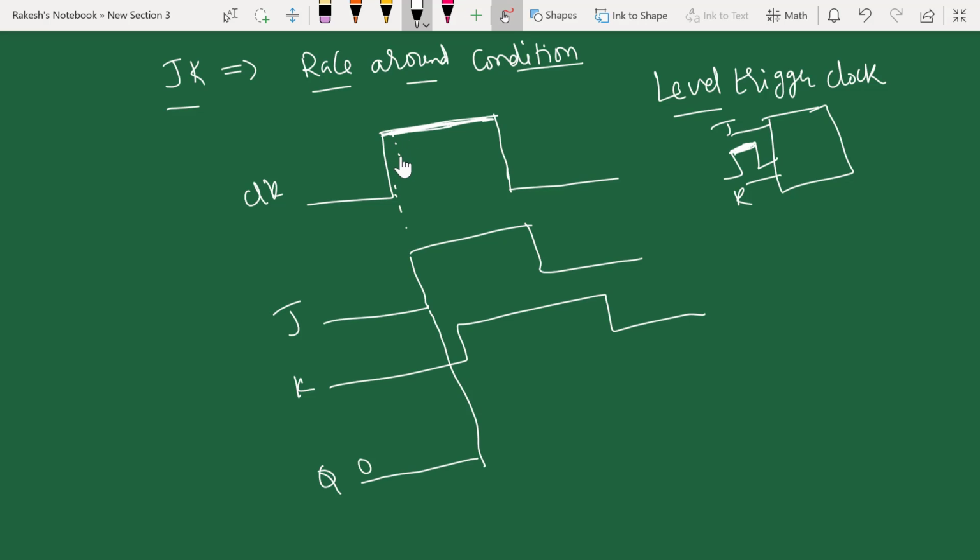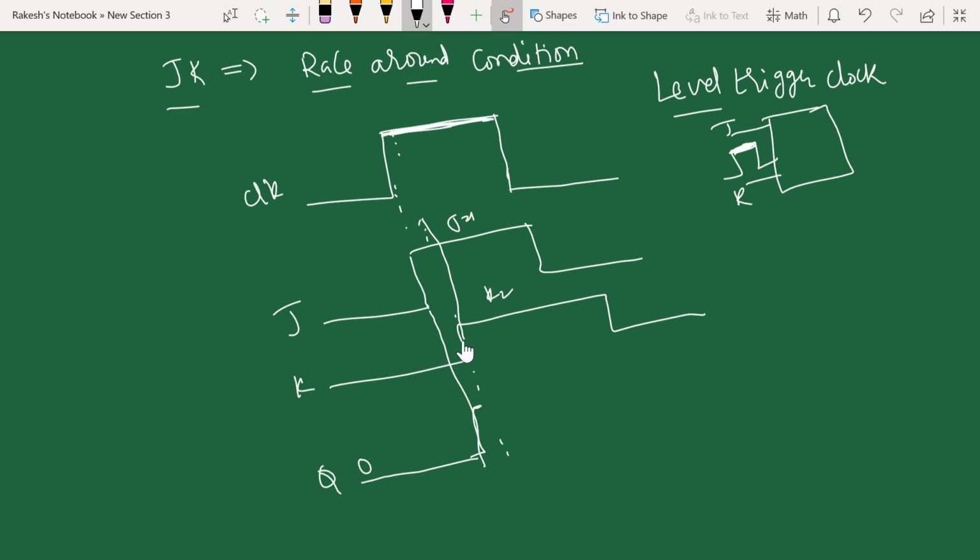If you look at this small period, your J is 1, your K is 0. That means it is going to set your flip-flop to 1. After that, your J is 1 and K is 1 for this entire period.